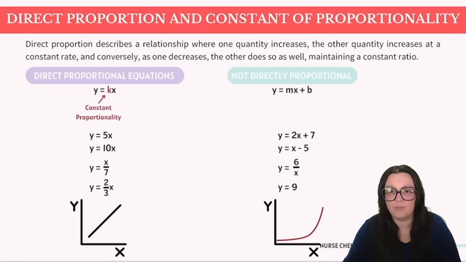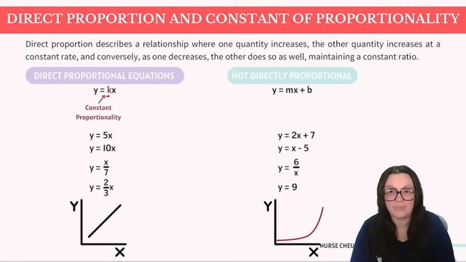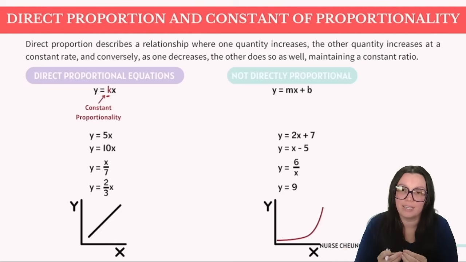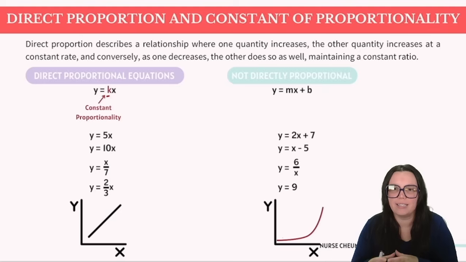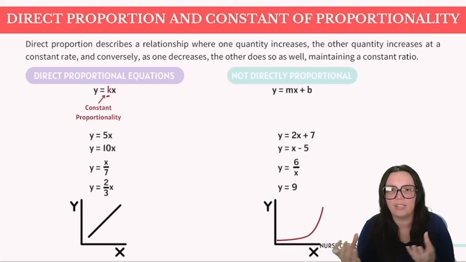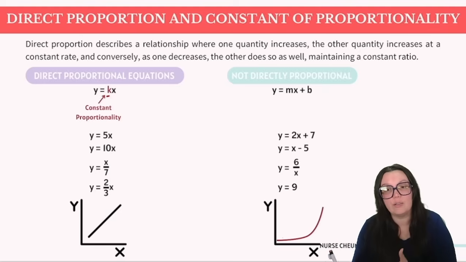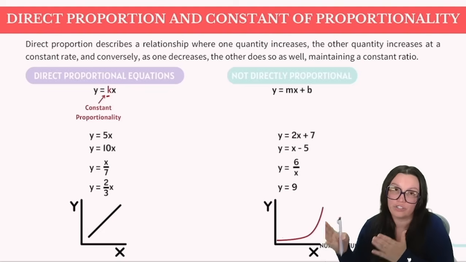So this constant rate is known as constant of proportionality, and it's symbolized with the letter K. It quantifies that direct relationship between two quantities. So in mathematical terms, the two quantities of x and y are going to be directly proportional. So we're going to use the equation y is equal to kx, where k is that constant of proportionality.